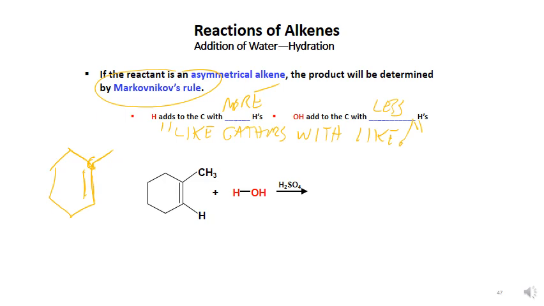How many bonds does this carbon have? 1, 2, 3. So what has to be on that? It's got a hydrogen. And because it has a hydrogen, this H will add to the one that has the hydrogen, and the OH will add to the one that does not. And so what do you get whenever you have that result?